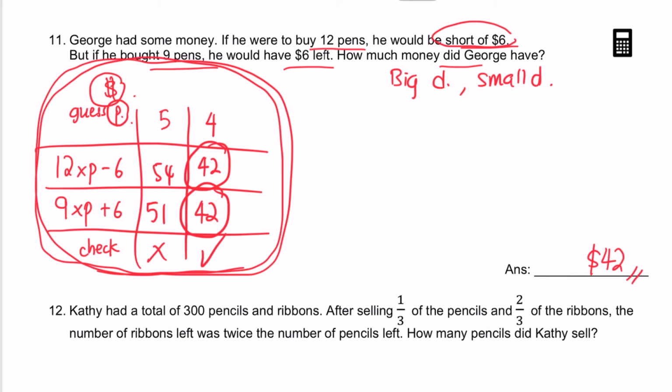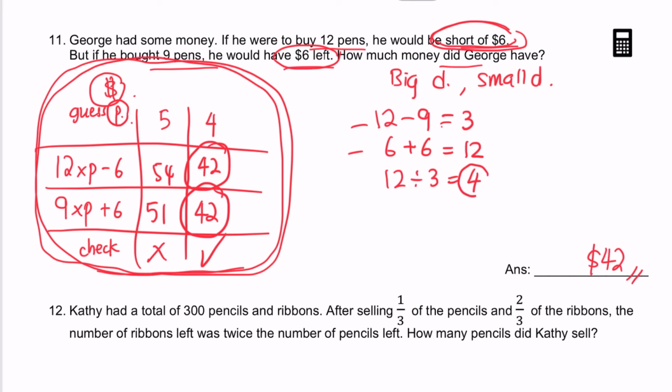Okay, so let's try. So 12 pens minus 9 pens gives me 3. And secondly, comparing the dollars, 6 plus 6 is equal to 12. This is the big difference and small difference. And then lastly, I will take the difference and divide, and I get 4.